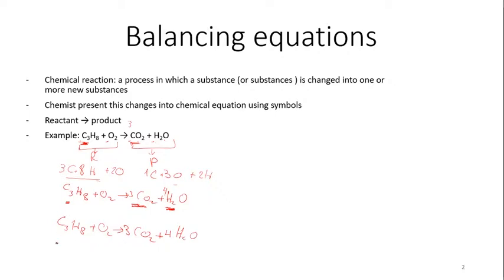This means I have here 3 carbons and 8 hydrogens, and I have here 2 oxygens, while here I have 3 carbons plus 6 oxygens.